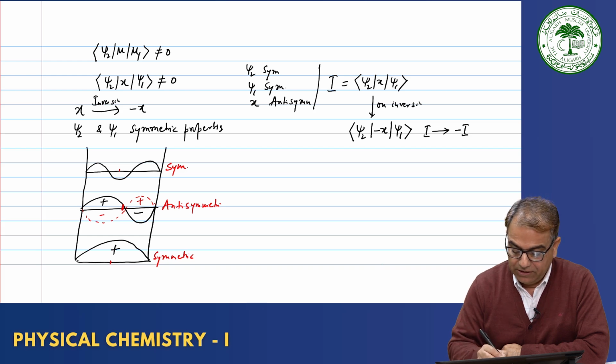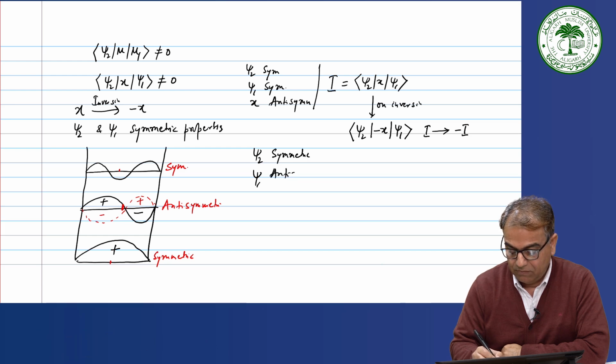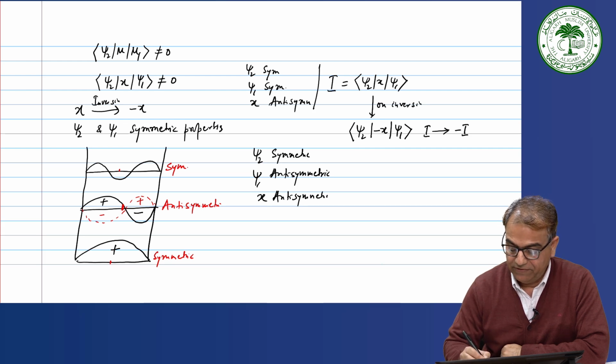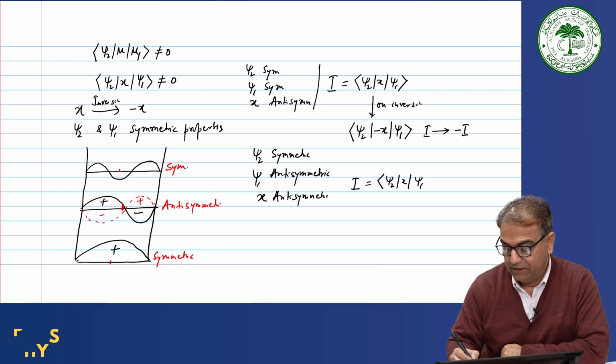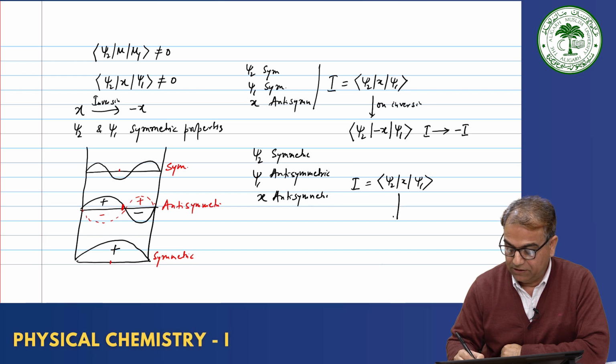Okay. So now you see the second condition: psi 2 is symmetric, psi 1 is antisymmetric, and x is always antisymmetric. So what will happen to the integrand? Psi 2 is symmetric, so first write this one and then see what happens after inversion.